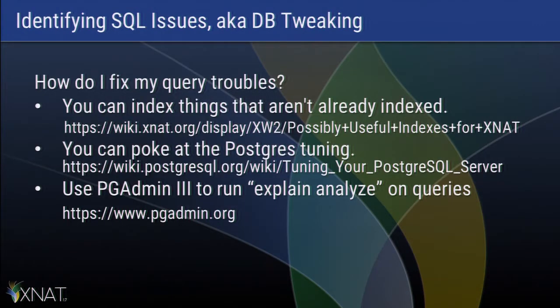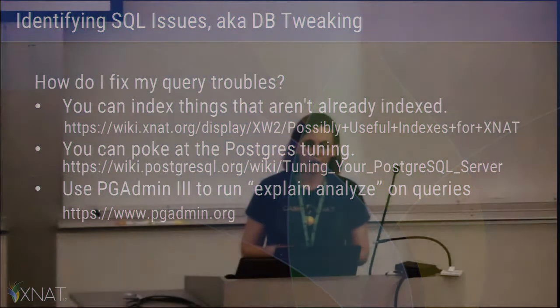You've identified your tables or your queries, and for us it's just simple database indexing, finding columns that are in wheres or joins in those queries and indexing them. We've been doing some work there with some indexes that weren't originally in XNAT. I just stuck them all on the page. They may not all be for you.